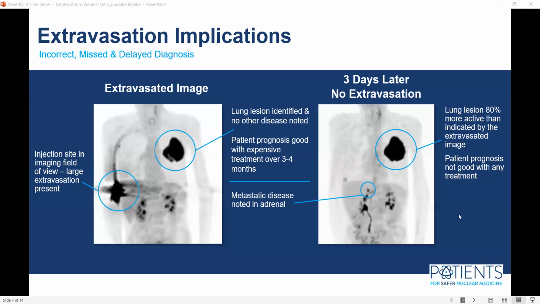This patient, the second image, the prognosis was not good, and this particular patient actually passed away 5 months later from his disease. That's a lot different from the first image where he was given a good prognosis after 4 months of treatment.